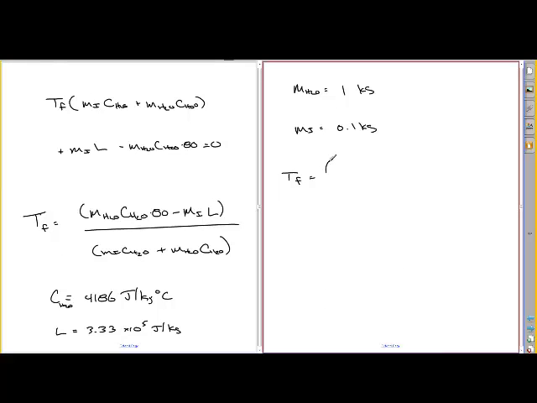So our final temperature is equal to the mass of the water, put this in the bracket.